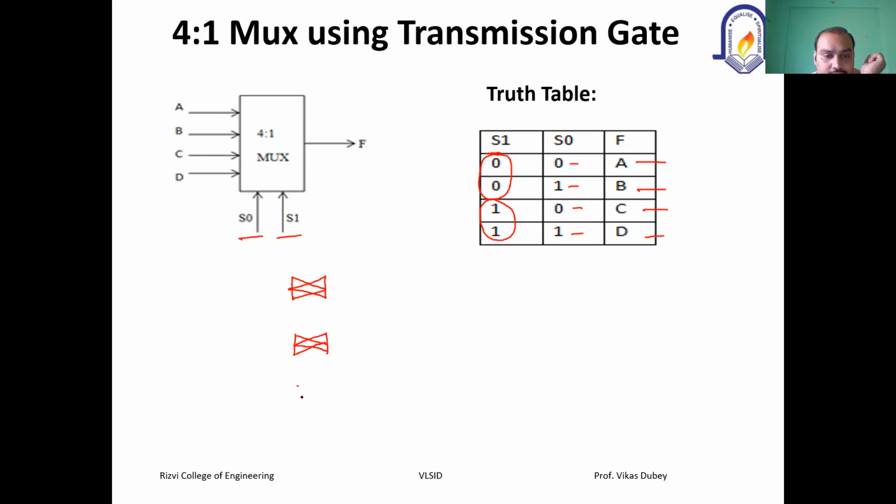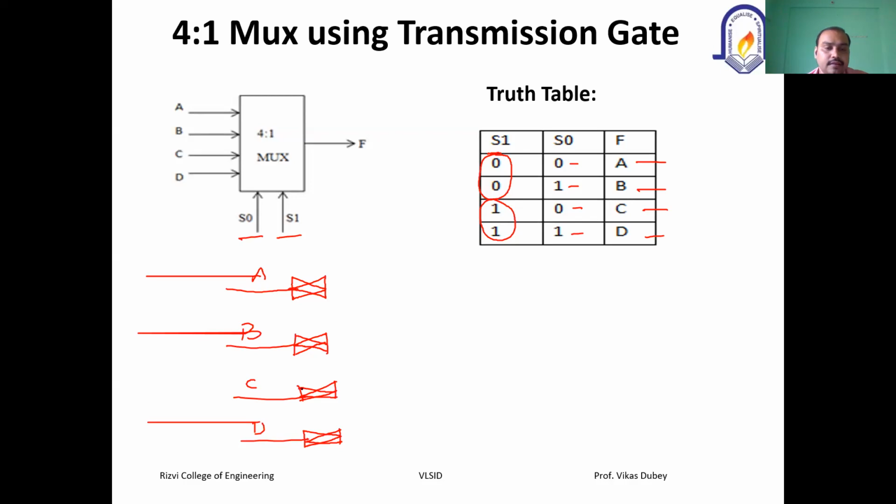Actually I have already drawn it in the next slide. Your transmission gate, so here you'll have A, then B, then C, then D. Then these lines I will just delete afterwards.